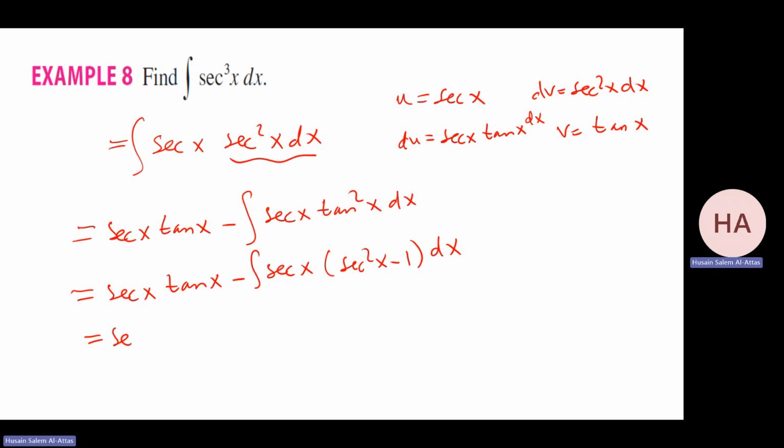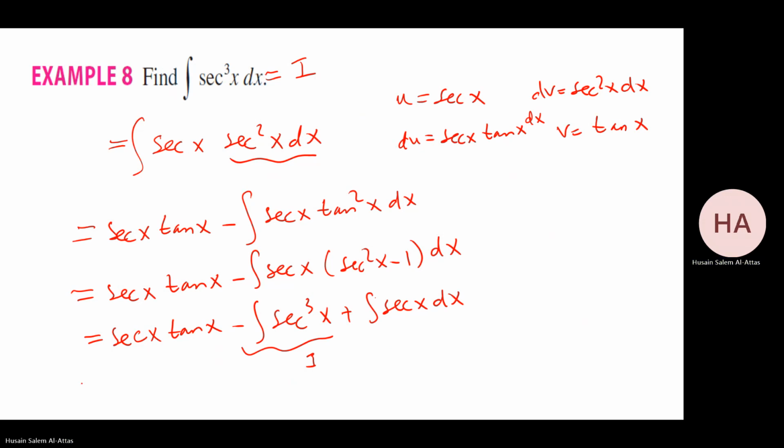That gives me, let me call this I. So that gives me secant x tan x minus the integral of secant³ x. I'm back to this, plus the integral of secant x dx. So this is my I.